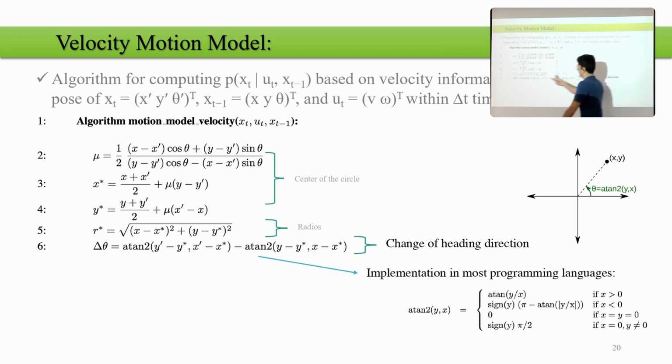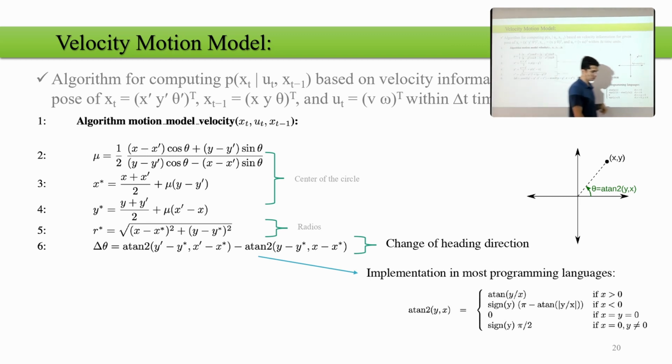For this line over there, it is arctangent 2 of the differences between the center of the circle and the point where the robot is, in y and x. Take the differences between the primed one and the previous one. For each one, find the arctangent 2 and find the differences. Then you will have the change of the heading direction, how much it is changing.